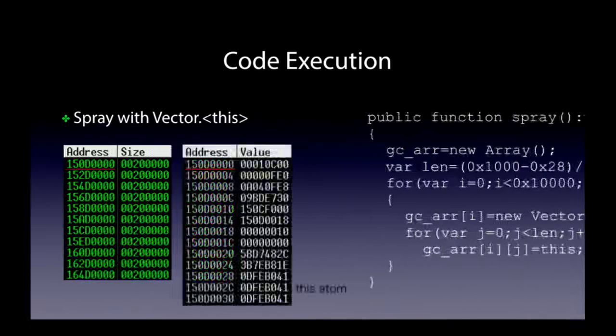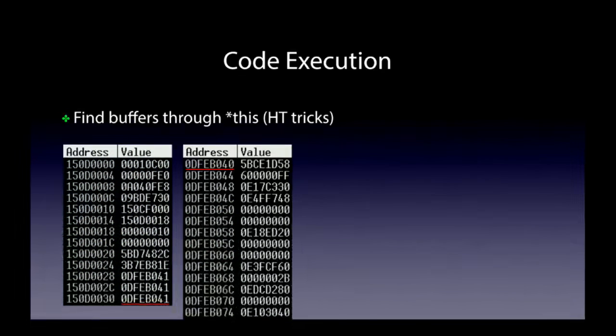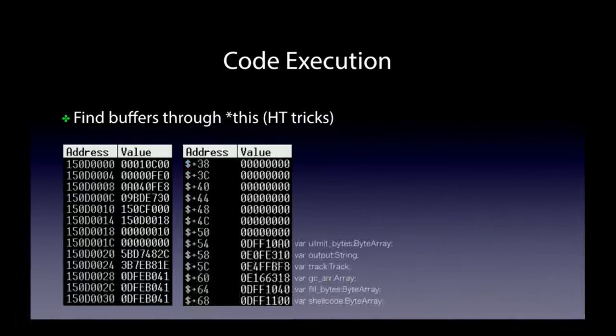So when we read a stable location, we know that this pointer is located right after the metadata of the Vector object. And with this pointer, we can easily find all the self-defined variables inside our class. Let's say we can find the byte array, the string, the Track, the Vector, and they all start at 54 hex offset.